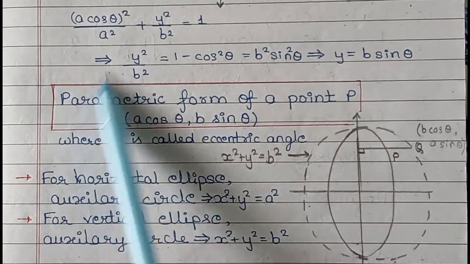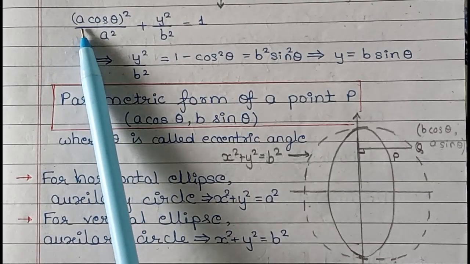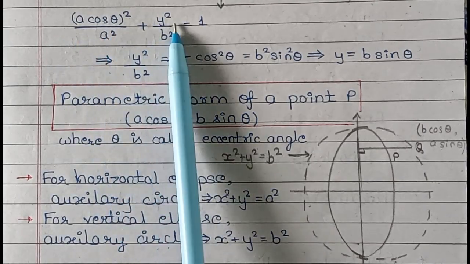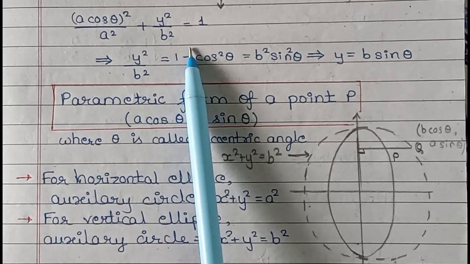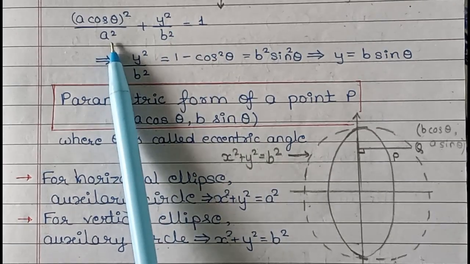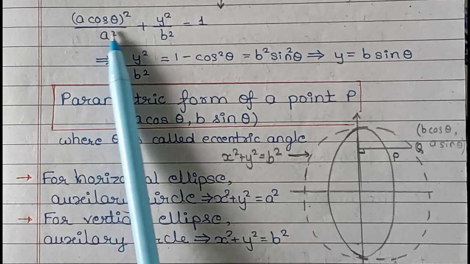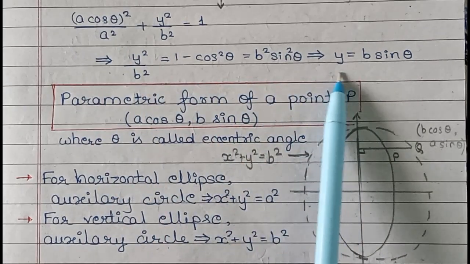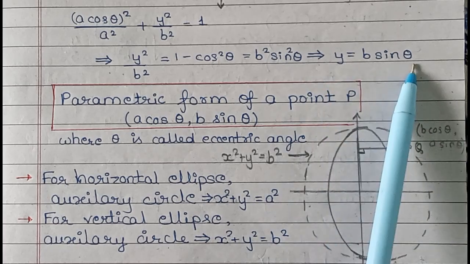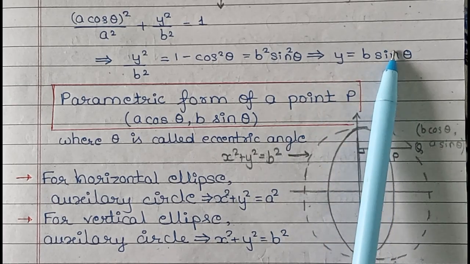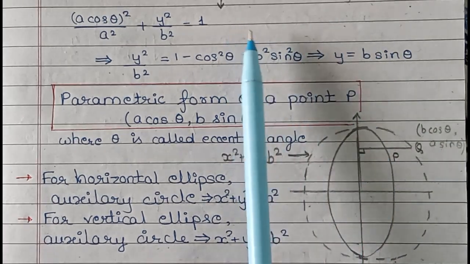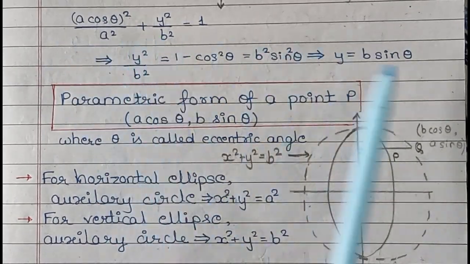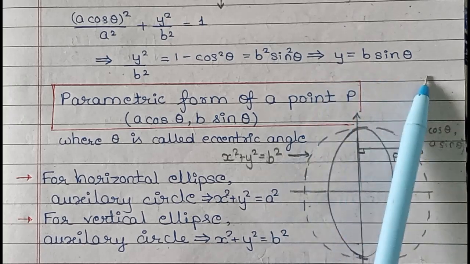Now if we substitute, a cos theta the whole square upon a square plus y square by b square is equal to 1. In place of x we just substituted the point a cos theta. So by solving this we can get the point of y, which is b sin theta. If we want to find the point P, which I have already told is a cos theta and b sin theta, so by putting a cos theta in here we can find the point y, which is b sin theta.